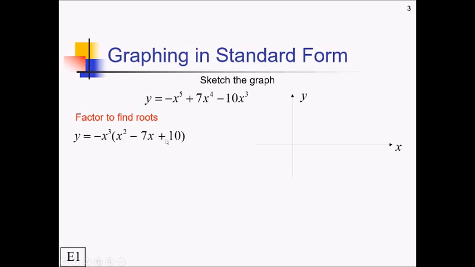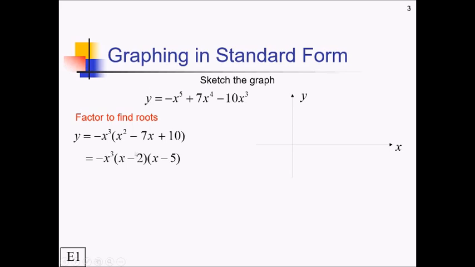Now we can factor the quadratic in there a little bit further. We need numbers that multiply to 10 and add up to negative 7. So 1 and 10 won't do it, but 2 and 5 will. Negative 2 and negative 5. So we have the initial negative x cubed that we took out, and also x minus 2 and x minus 5. Now that we've got this factored out, we can go ahead and find the roots.